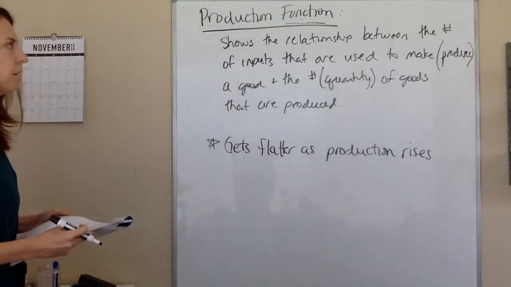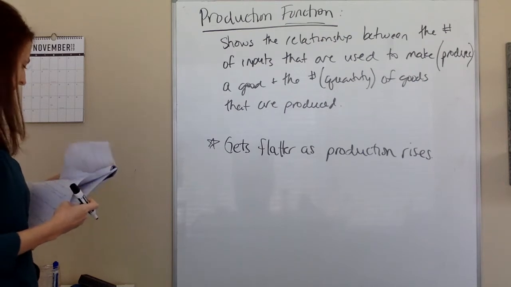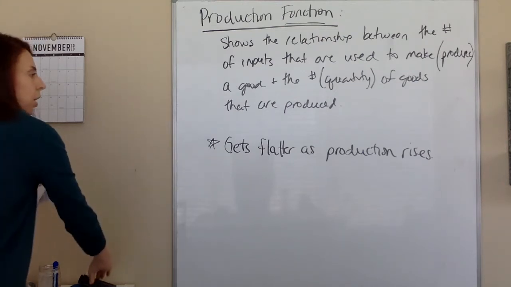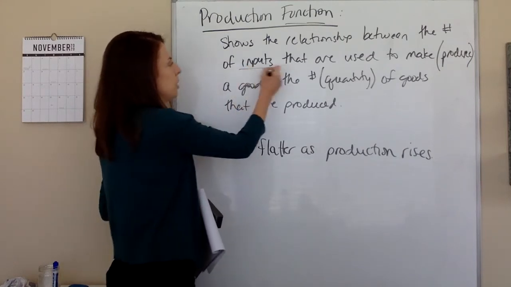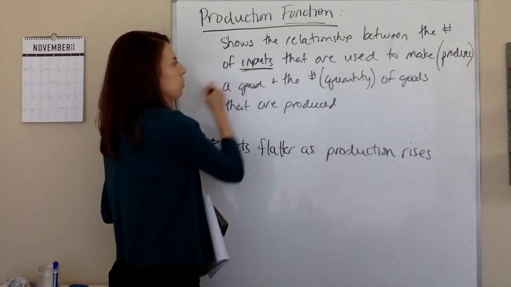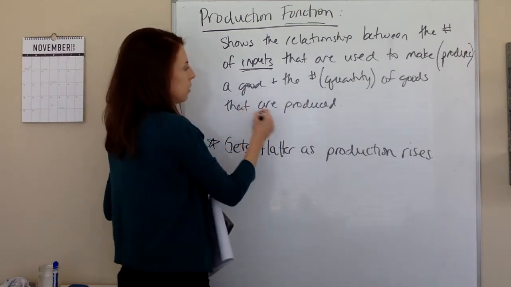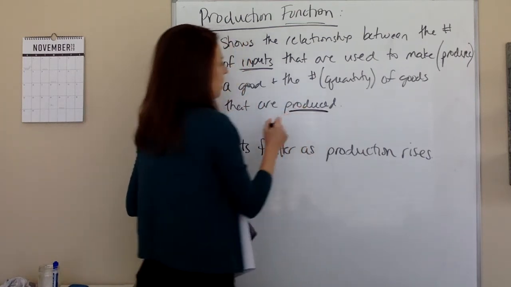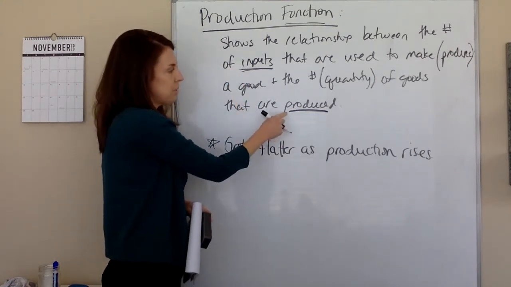Okay, so let me unpack this a little bit for you. Because a production function shows a relationship between the number of inputs, which is the independent variable, and the quantity of goods that are produced, or production, which is the dependent variable.